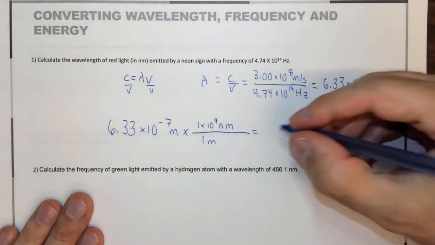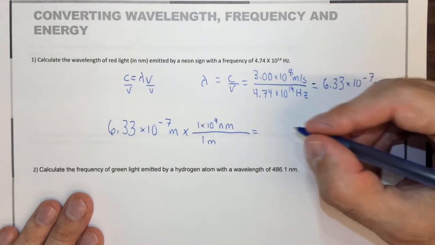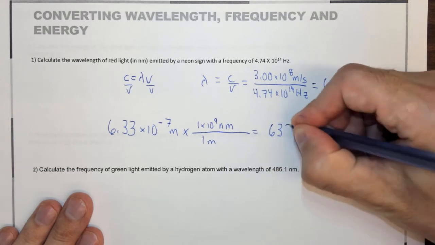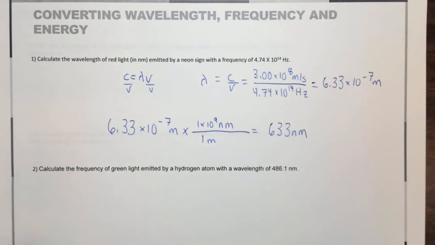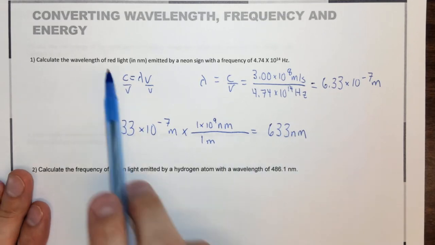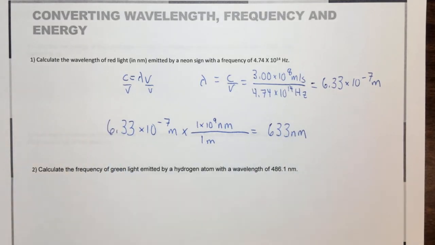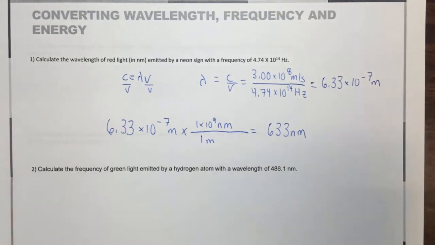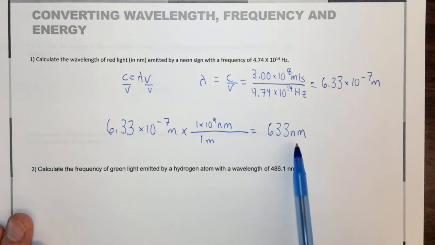Multiply by the top, divide by the bottom, and what you find out is that this light is 633 nanometers. That might be red or an orangish color, somewhere in that region. Again, it's a continuous electromagnetic spectrum, so it can be difficult to tell exactly what's red. There are different shades of red, for example. Anyway, that's not the point here.